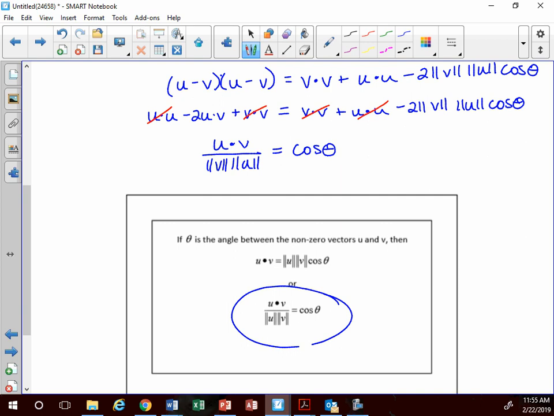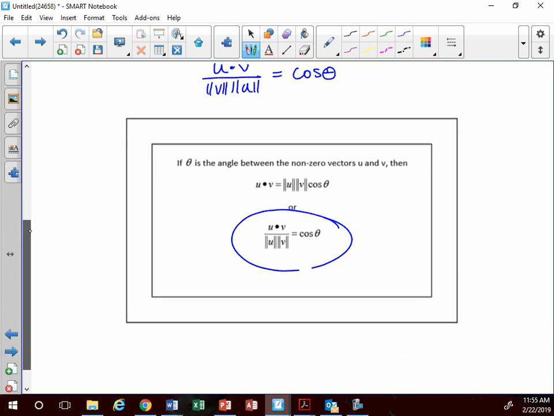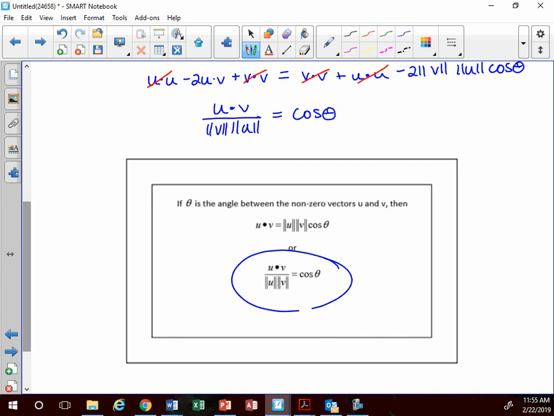Normally it would give you numbers, right? You're going to have what these vectors are. That's just where the formula comes from. All right, anybody need more time on this one?